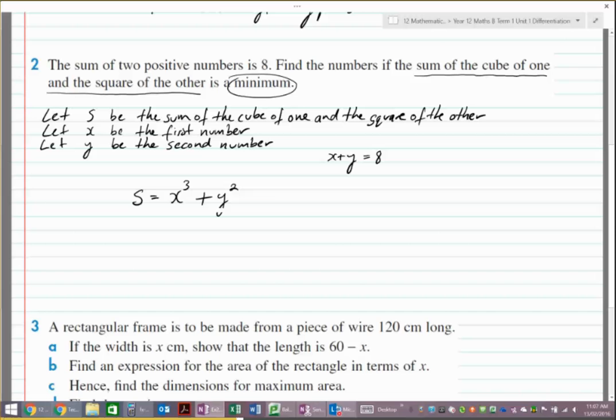Okay, since I have this information, I'm going to use it to substitute into here. I'm going to rearrange to get y by itself. Y equals 8 minus x, and I'll substitute y equals 8 minus x into this function.